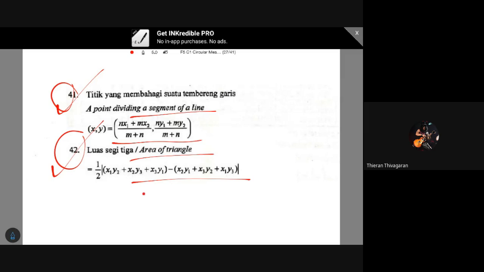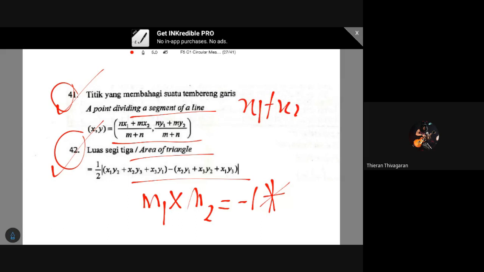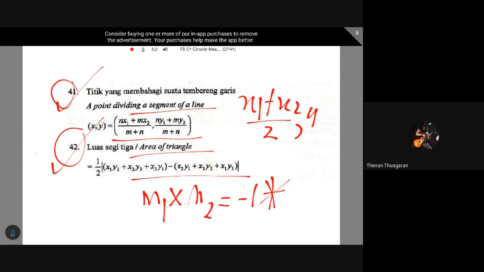Means just now the formula I say, this one, formula ni tak diberi, not given. And then other things are midpoint formula, formula titik tengah. This one also not given in your SPM for AdMaths. Yang ni pun tak diberi. Okay, this chapter I think 4 formulas total only.